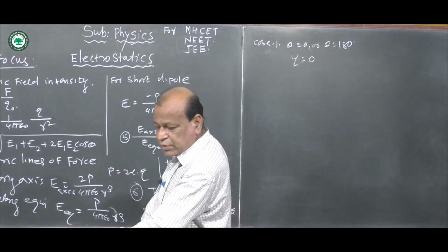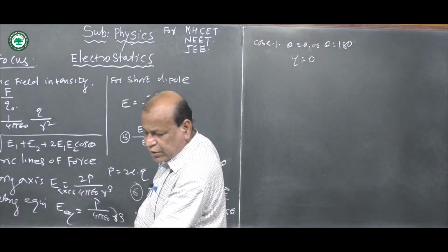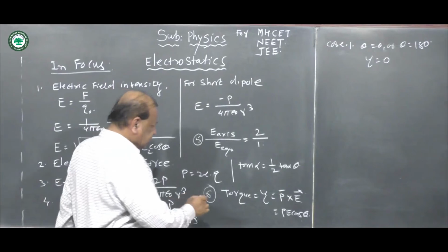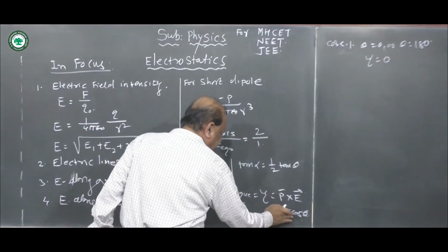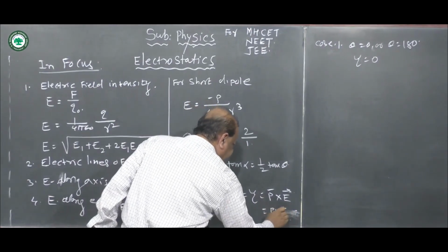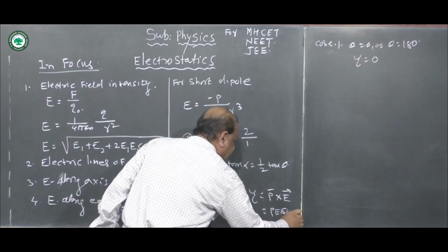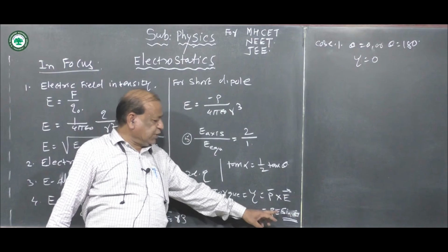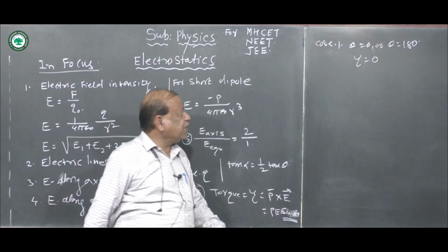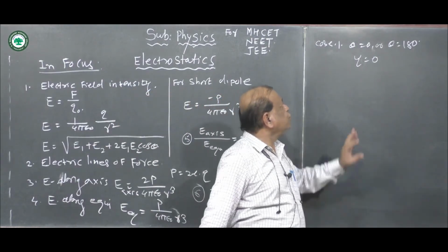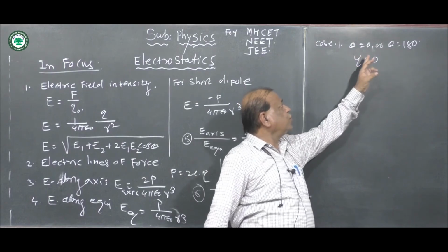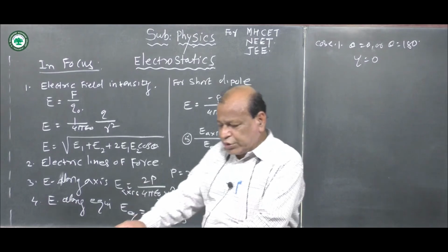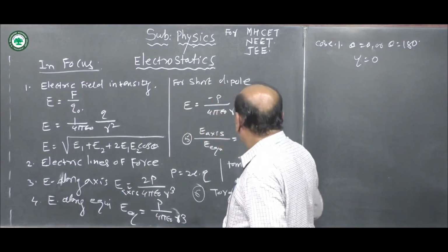Here a correction: since this is a vector product, the value will be PE sin theta. So tau is equal to 0 when theta is 0 or 180 degrees.